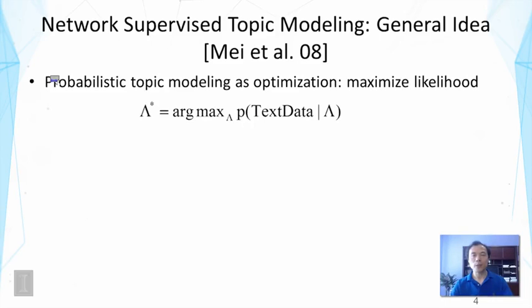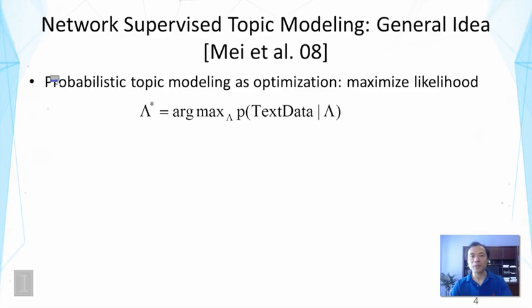So here we're going to briefly introduce a model called a network supervised topic model. In this slide, we're going to give some general ideas, and then in the next slide, we're going to give some more details.